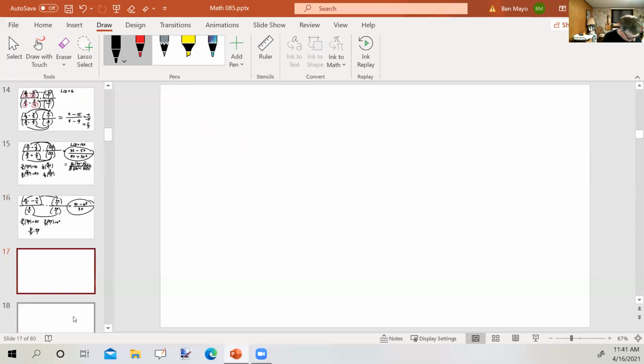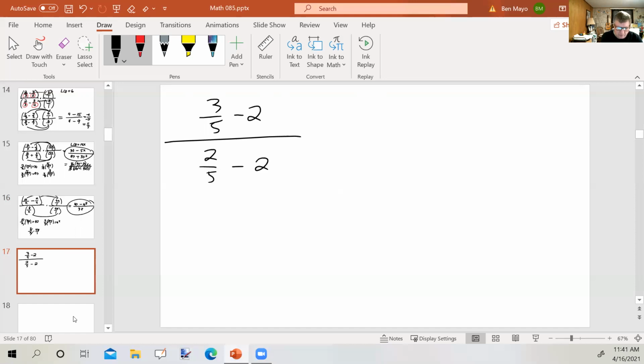Let's take a look at another example. 3/5 minus 2 over 2/5 minus 2. Well, we have some implied denominators of 1s there. The LCD of 5, 1, 5, and 1 would be 5.